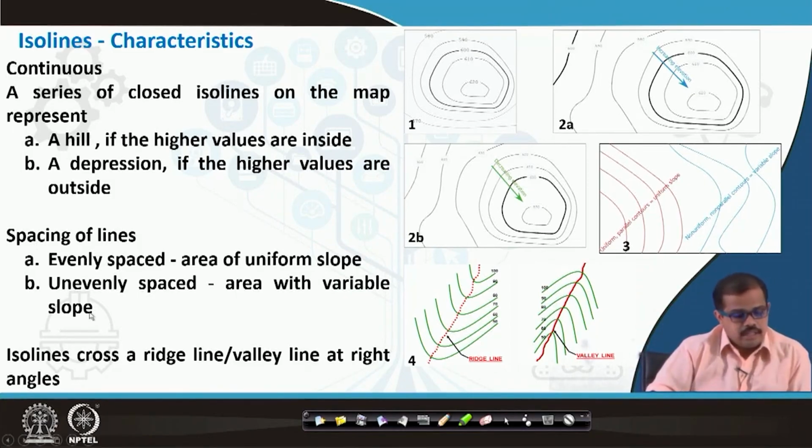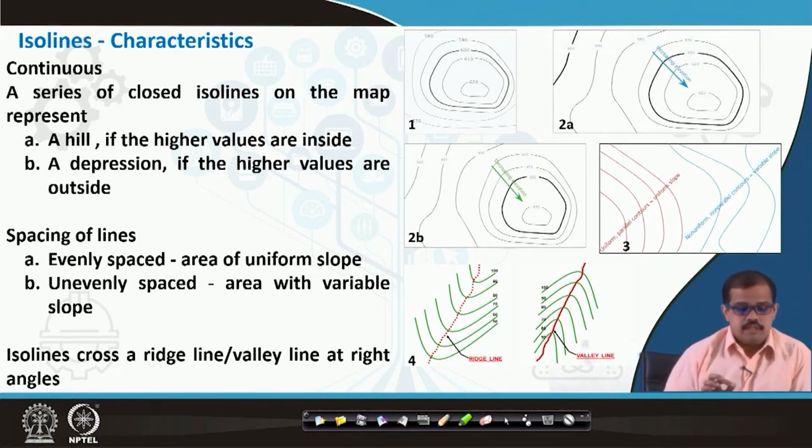Okay. Then unevenly spaced areas with variable slope. So if you have a variable slope, then only you have unevenly spaced regions. But when you are looking at isolines, normally the model is always evenly spaced.